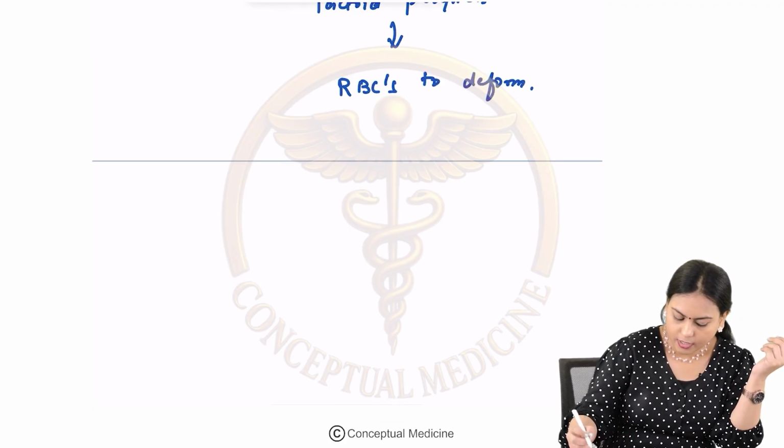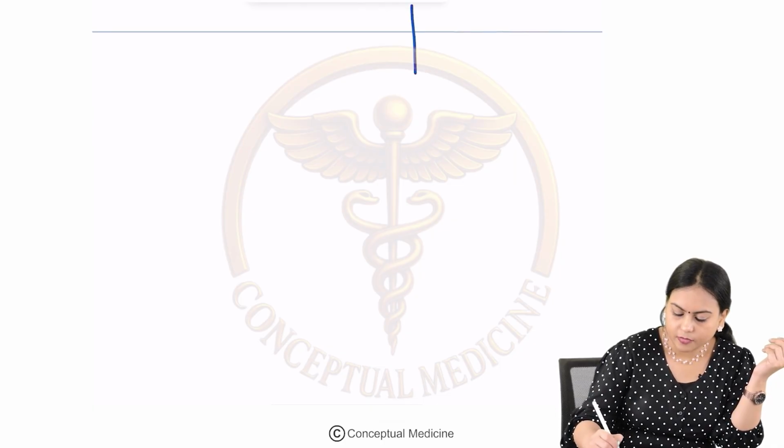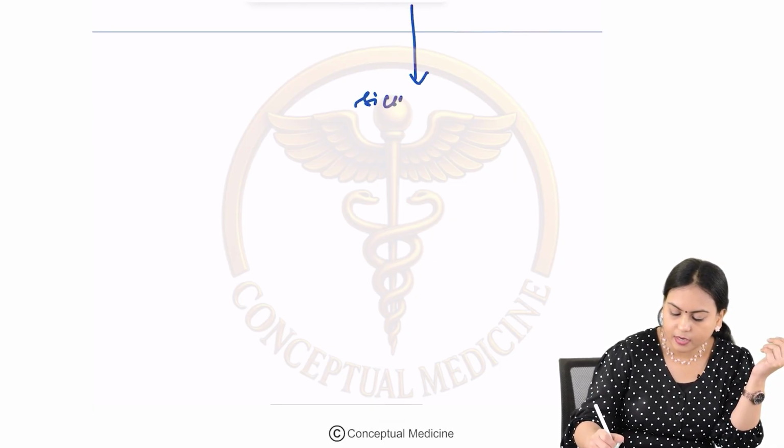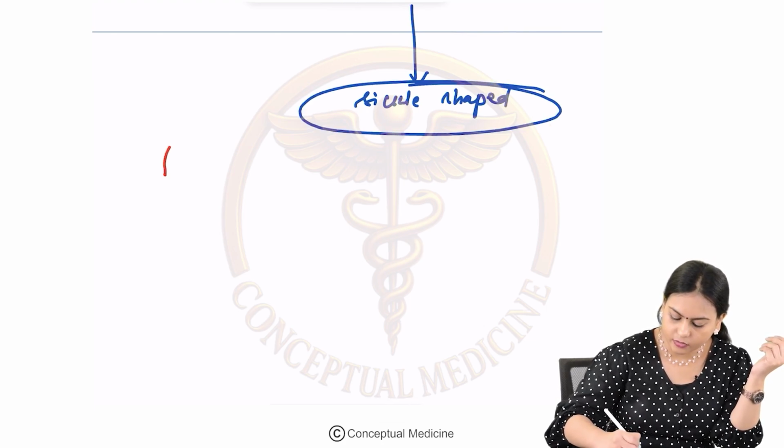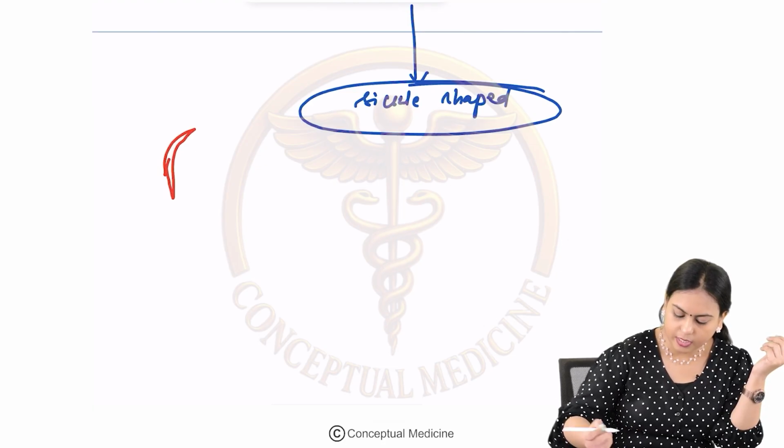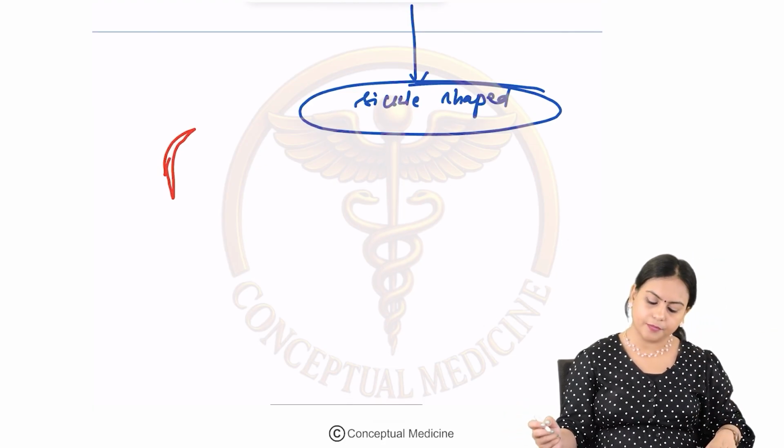These deformed RBCs will be seen in the sickle cell shape, like this. Sickle shaped RBCs. Clear?